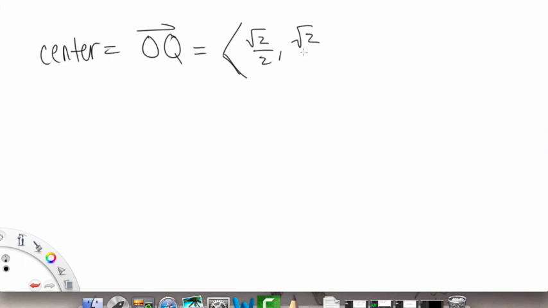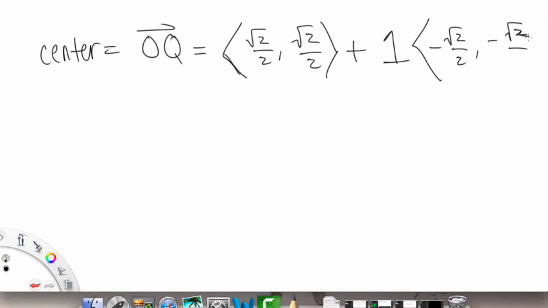So our center, noted by OQ, is equal to our r of pi over 4, which was radical 2 over 2, and another positive radical 2 over 2. And then this is plus our radius of curvature, which was a 1, times our unit normal vector at t equals pi over 4, which was negative radical 2 over 2 and a negative radical 2 over 2.